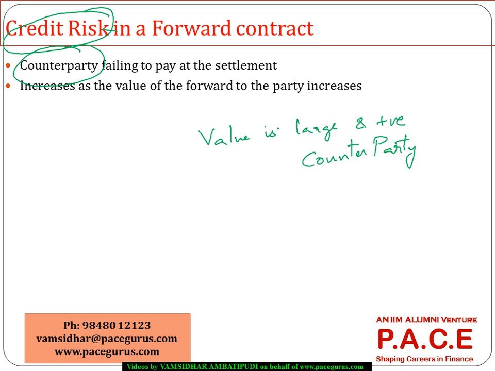So if the value is becoming more and more positive to a particular party, that party has to be more and more careful in terms of probably collecting a collateral from the other party or any other mechanism to make sure that the counterparty does not default in this process. Alright. So these are some of the basic calculation related steps that are involved in case of a forward contract.